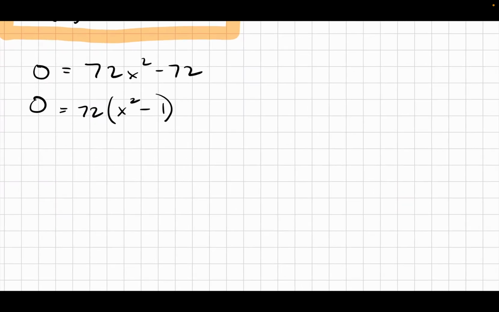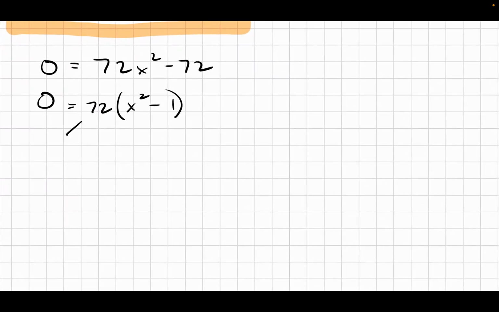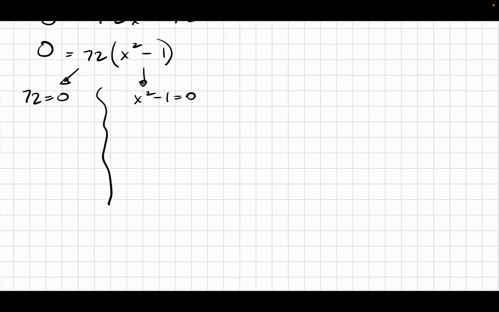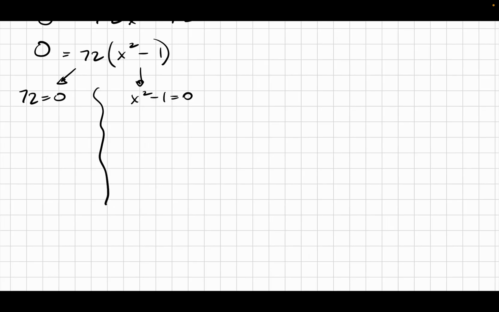And then I'm going to set both of those equal to 0. 72 equals 0, x squared minus 1 equals 0. 72 does not equal 0, and you can't solve for it. So this one is not going to give me an answer. I'm going to get 2 answers from the other one.